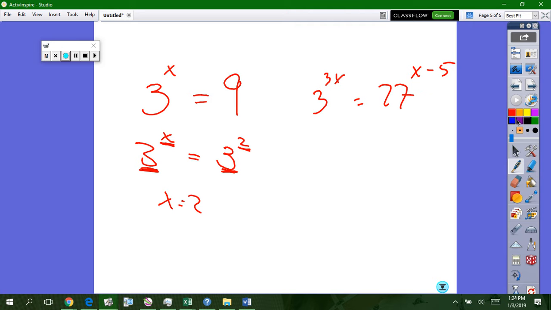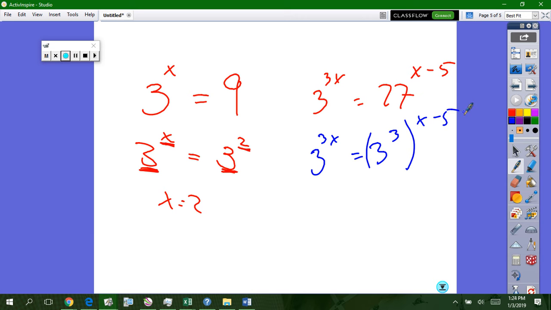Okay. So what I'm going to do here is get the same base. Can 27 be base 3? What is 27? 3 cubed. I'm going to rewrite it. That's equivalent, just looks different.